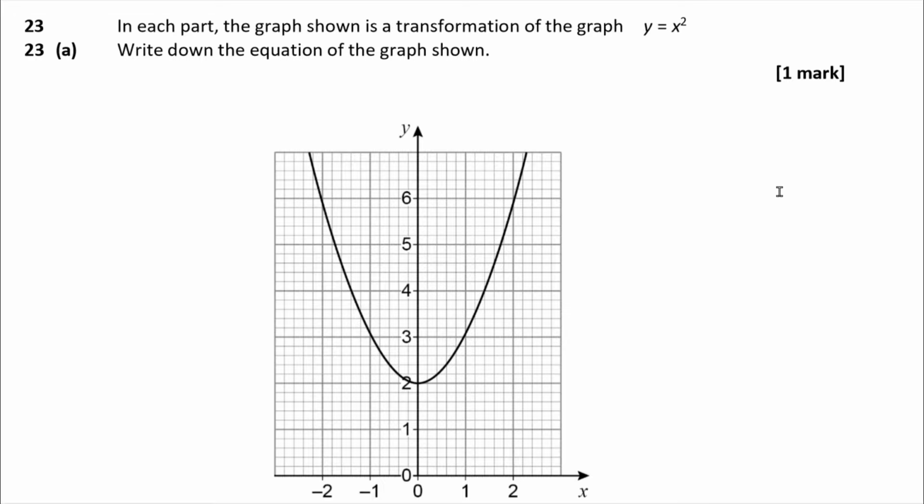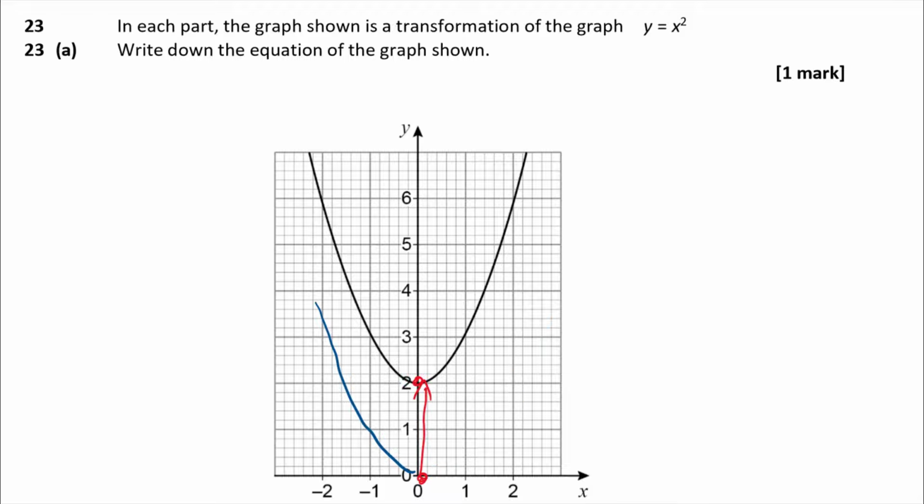Question 23. In each part, the graph shown is the transformation of the graph y equals x squared. Write down the equation of the graph shown. Okay. So here, the graph y equals x squared is going to be like this graph here, isn't it? And what's happened to my graph is that every point on the graph is moved up 2 places.